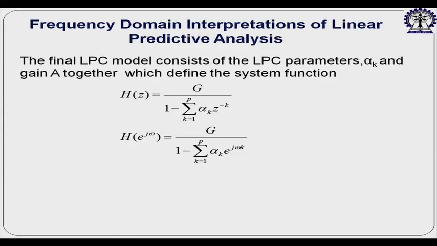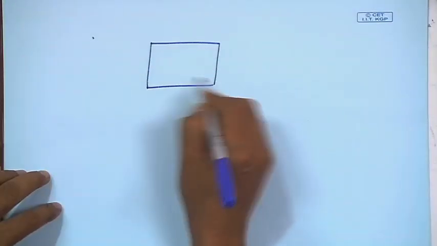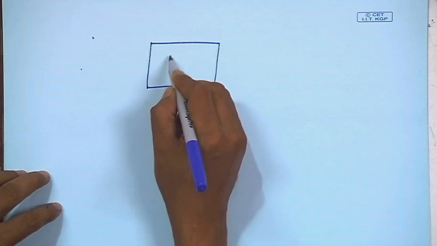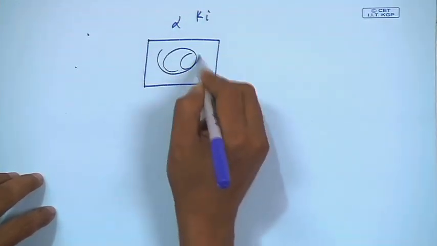Let us discuss one important thing, which is called gain. In LPC analysis, if I know the alpha values or k values, I can design this filter.